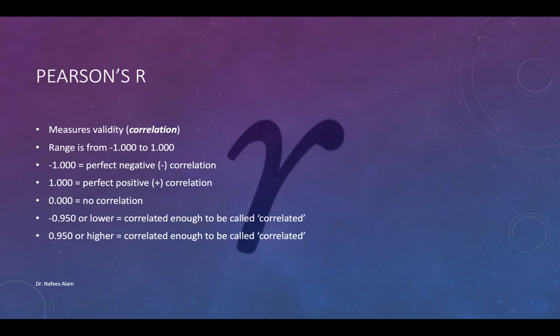And then a Pearson's R of 1 communicates a perfect positive correlation, which you might think of as a line that goes up as it moves to the right. A Pearson's R of 0 communicates no correlation whatsoever.